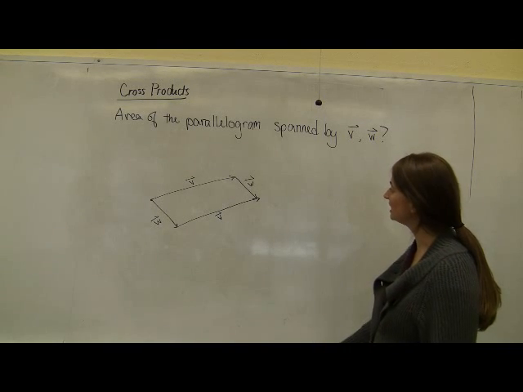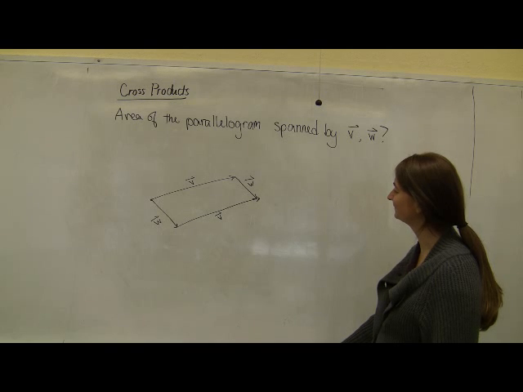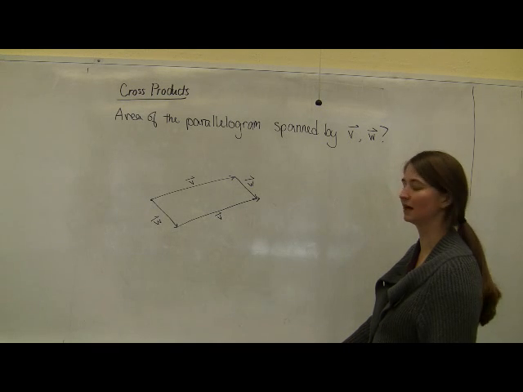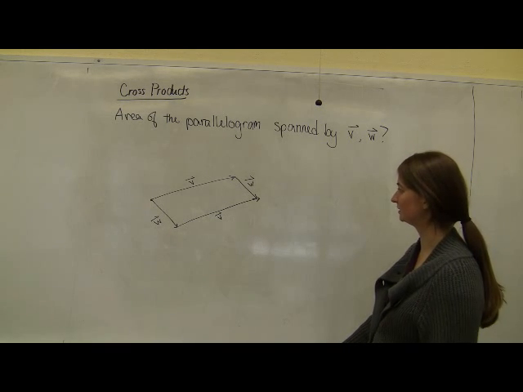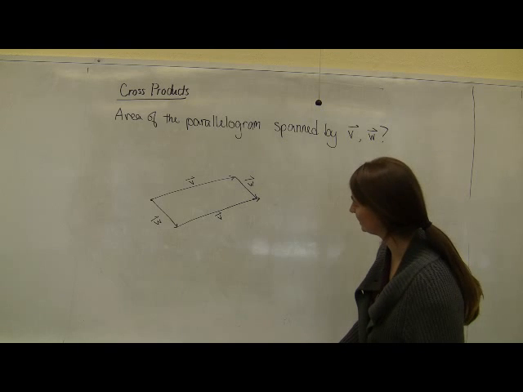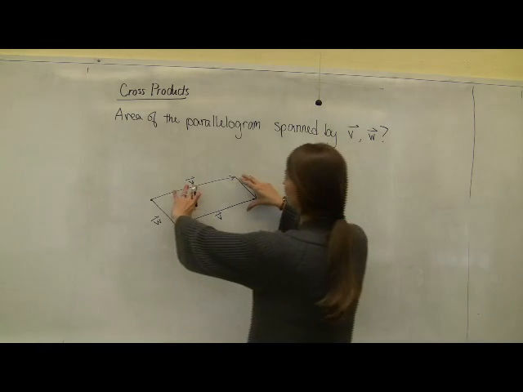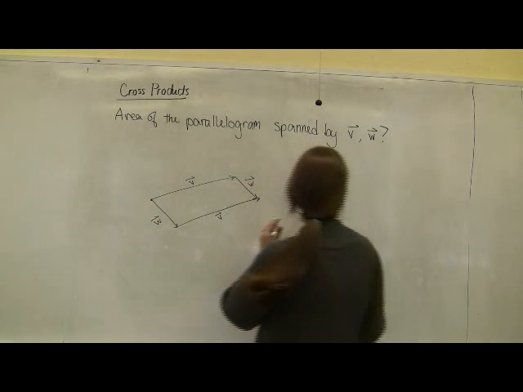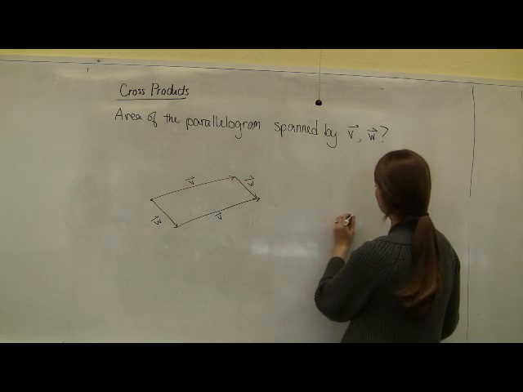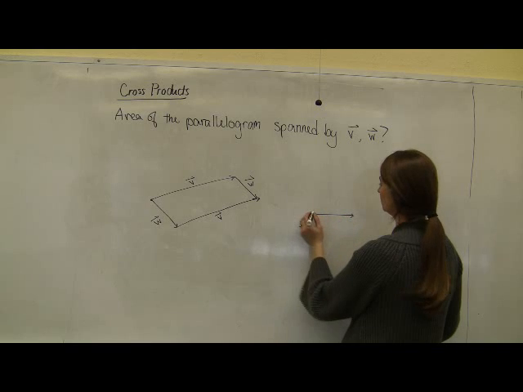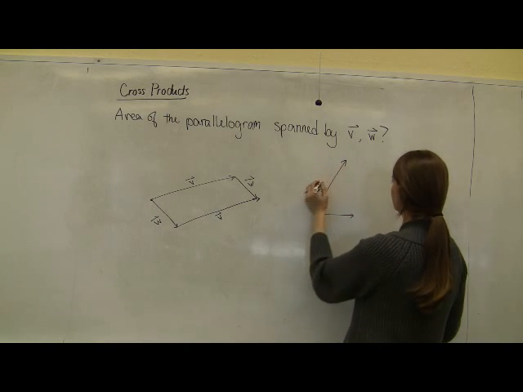If I want to know the area of a parallelogram, maybe it's been a while since you've thought about finding areas of parallelograms, and the way that this is drawn, it might be hard to think about also. I'm going to take this parallelogram and rotate it a little bit, just so visually the rest of my picture works out and looks a little better.